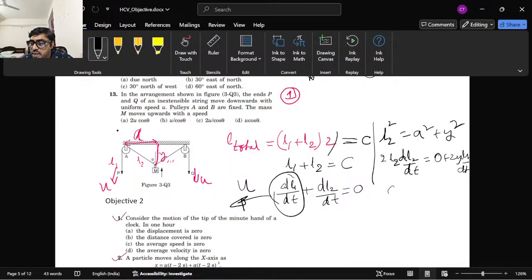I'll get dL2 by dt equals y upon L2 into dy by dt. dy by dt is the velocity of the capital M there. So y is the depth of this capital M, so this is V we are talking about.